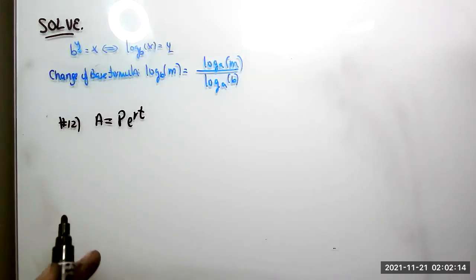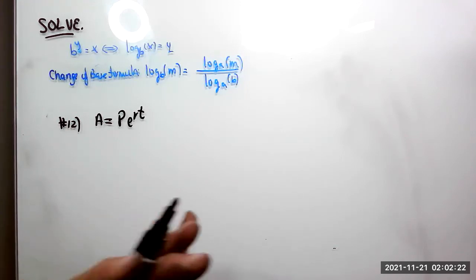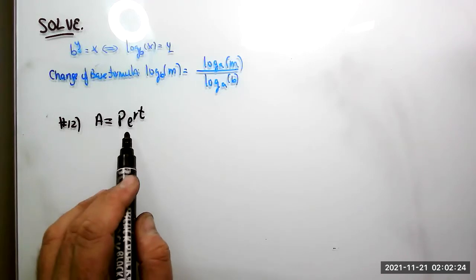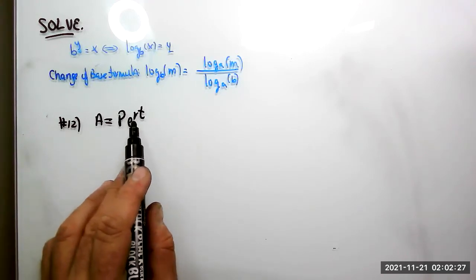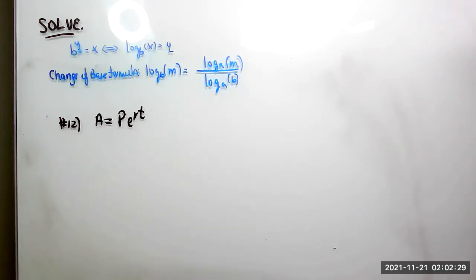What about if they ask us how long it takes for a $100 investment to grow to, I don't know, 250, from 100 to 250, when it's continuously compounded at 9%.